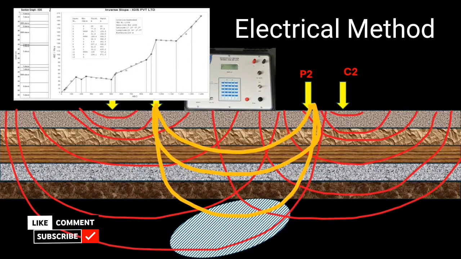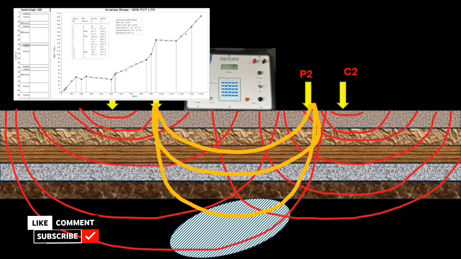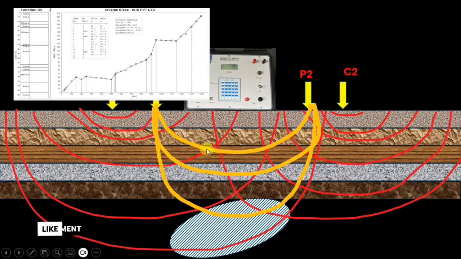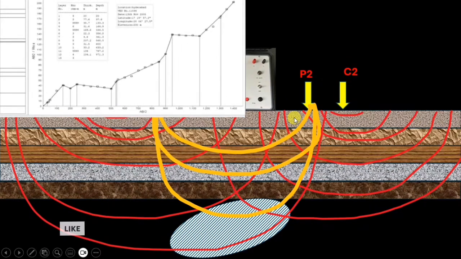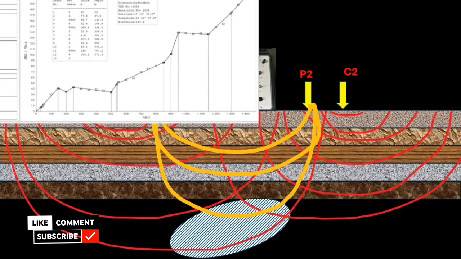In the same way, with the electrical methods, we send current into the ground and collect the potential difference. Once we do this, we plot the graph according to the acquired resistance values. This is one method.